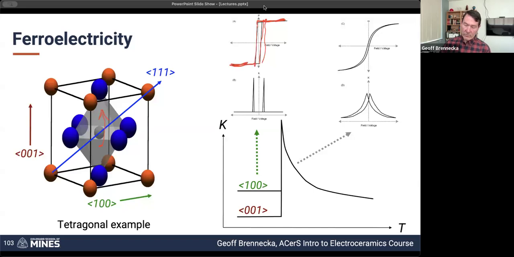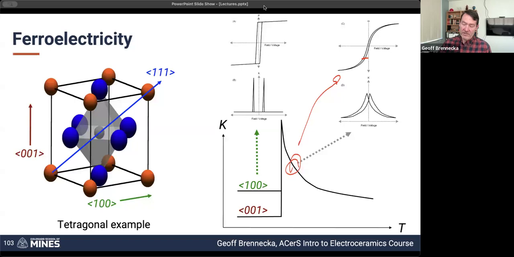When we're in the cubic phase, so the cubic symmetry, we still get some nonlinearity in this region. It looks like a hysteresis loop like this, but it's really smeared out. Any hysteretic behavior that we're seeing here is really a field-induced, I hate to call it a phase transition because it's not really stable, but you are starting with a cube and applying electric field and stretching it just a little bit.